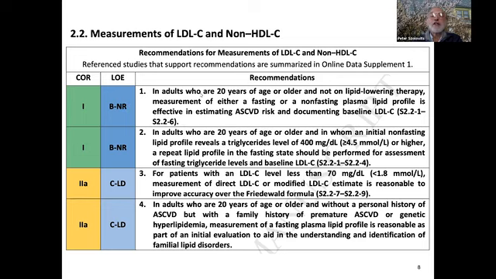It says in adults who are 20 years or older and not on lipid lowering therapy, measurement of either fasting or non-fasting blood... You could read this in the notes later, but notice that there are high force recommendations and lower force recommendations, and each recommendation is also shading coded to tell you the strength of evidence for it.